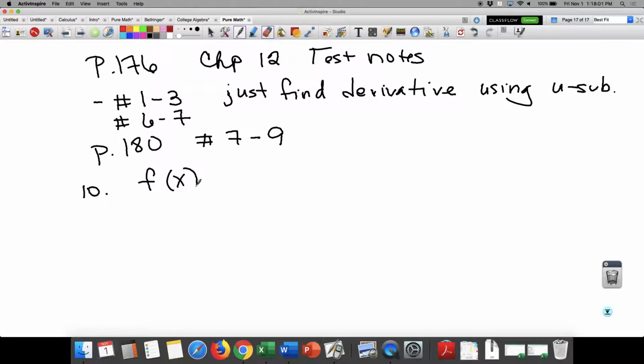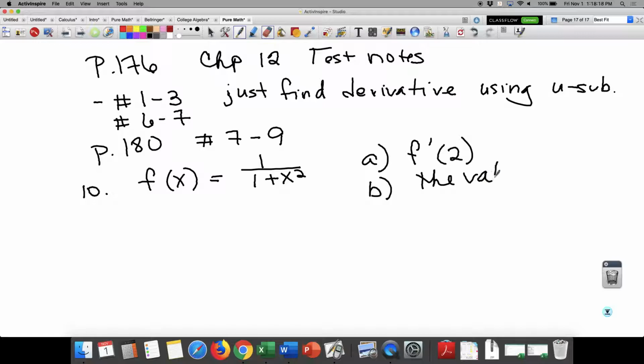Given that f of x equals 1 over 1 plus x squared, find f prime of 2, and then b is the value of x such that f prime of x equals 0.